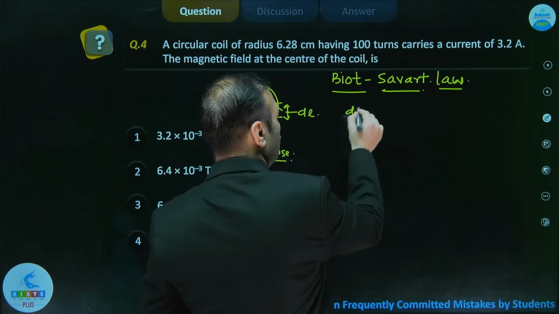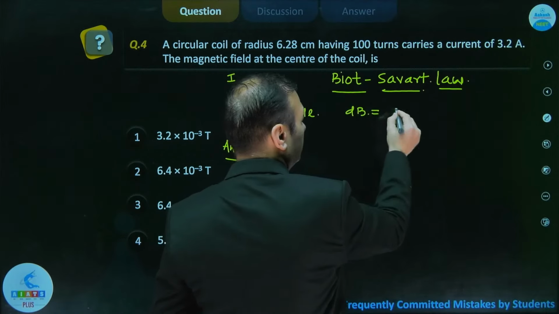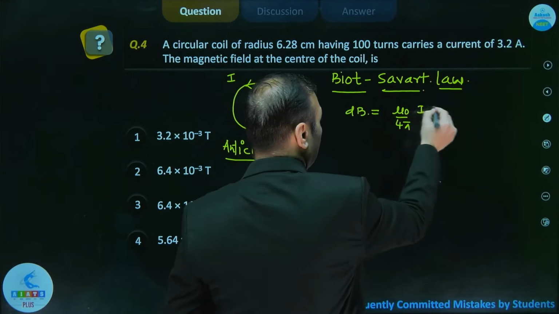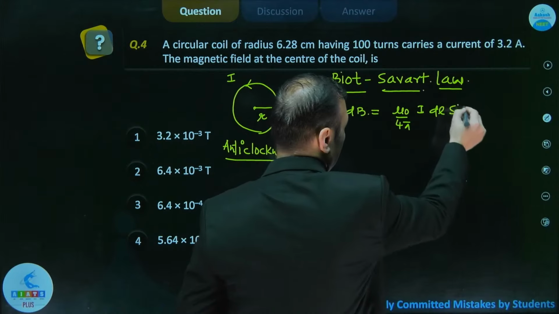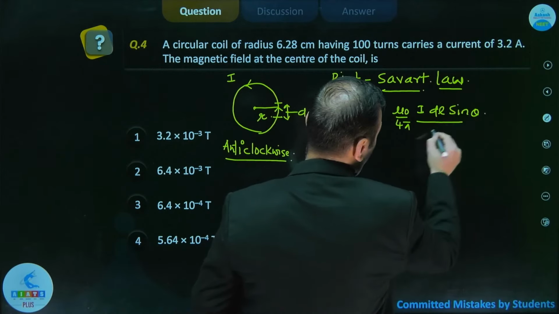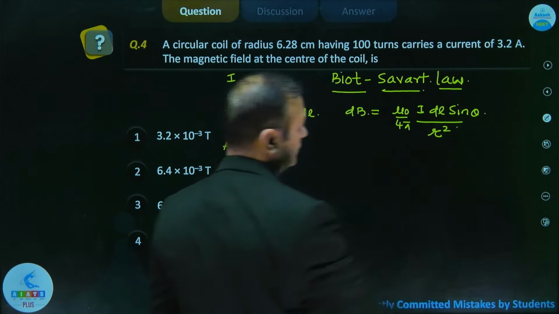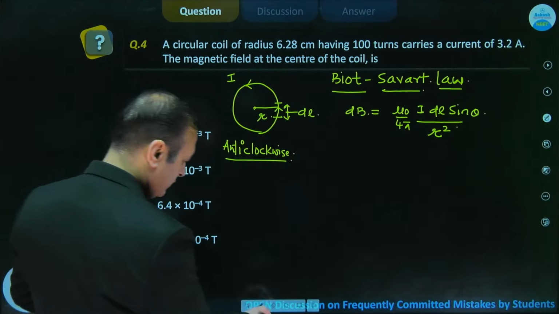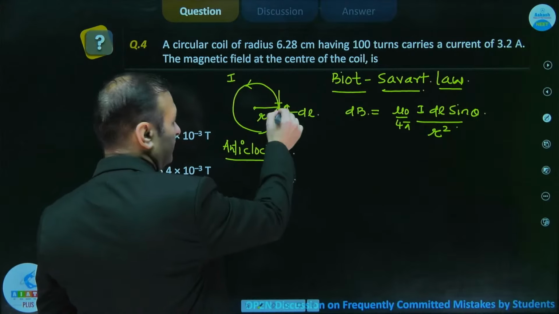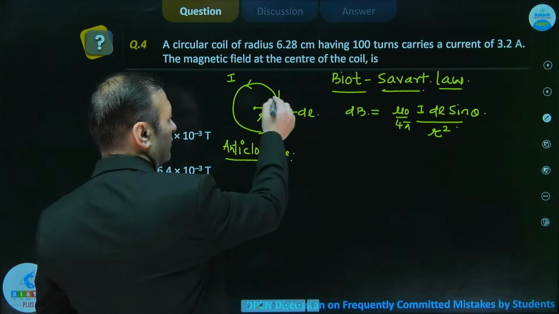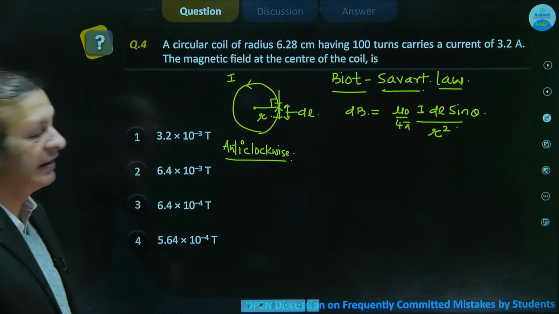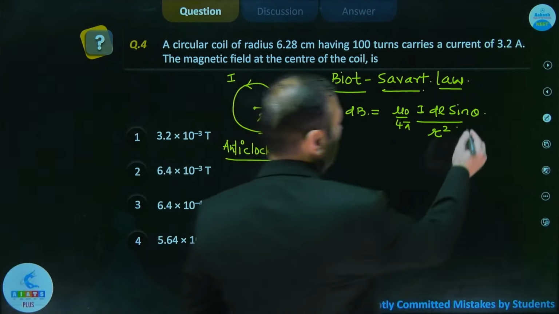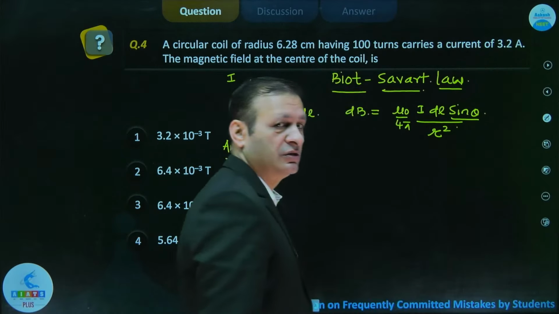And it says small magnetic field is mu naught by 4 pi I dl sin theta by r square. Got it? Now, this is the small element and this is the direction of the current. What is this angle is? 90. So, sin 90 becomes 1.